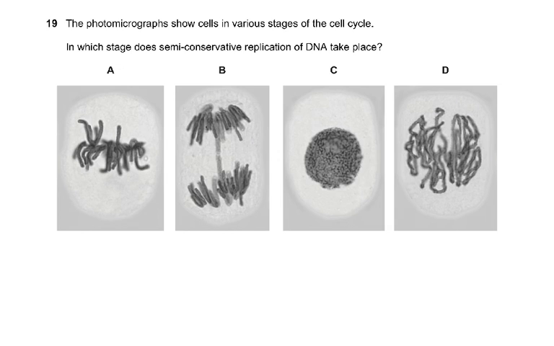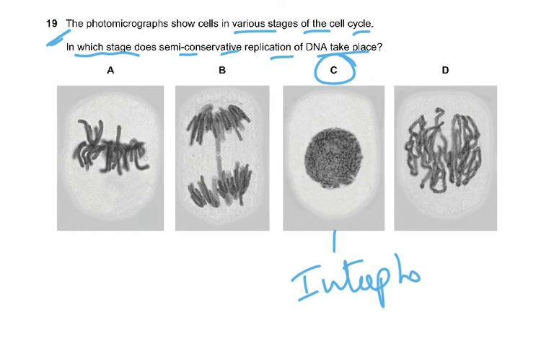Question 19. The photomicrograph shows cells in various stages of the cell cycle. In which stage does semi-conservative replication of DNA take place? Why C? This is interphase. If you remember, interphase is G1, S, and G2.